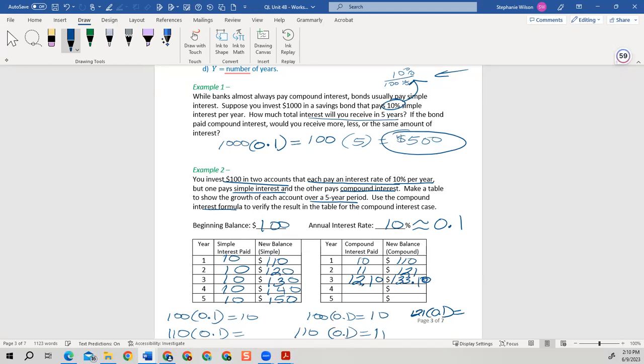And then I'm going to take that and times that by 0.1, and that gives me $13.31. And we're going to add that to that 133.1. So I get a new balance of 146.41. Take that 146.41 times 0.1, and now I get $14.64.